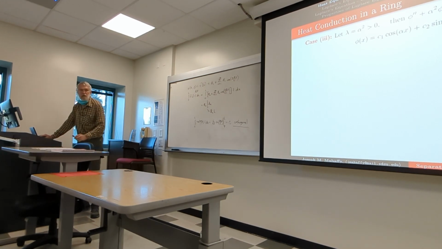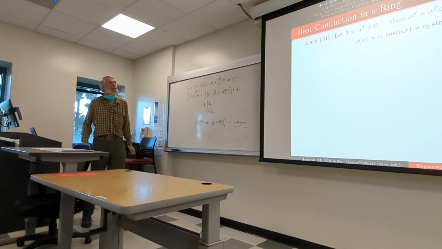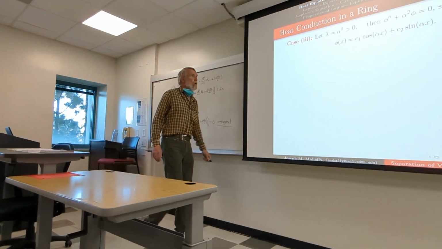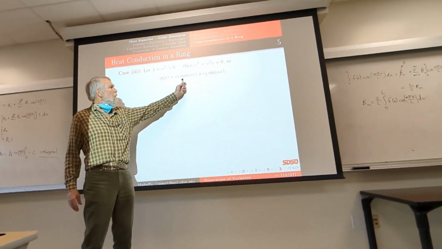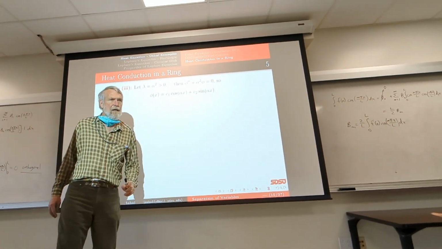Sometimes I'll say, okay, you can just cite this case. Once again, with alpha squared greater than 0, we're going to get our friends cosine and sine in there.